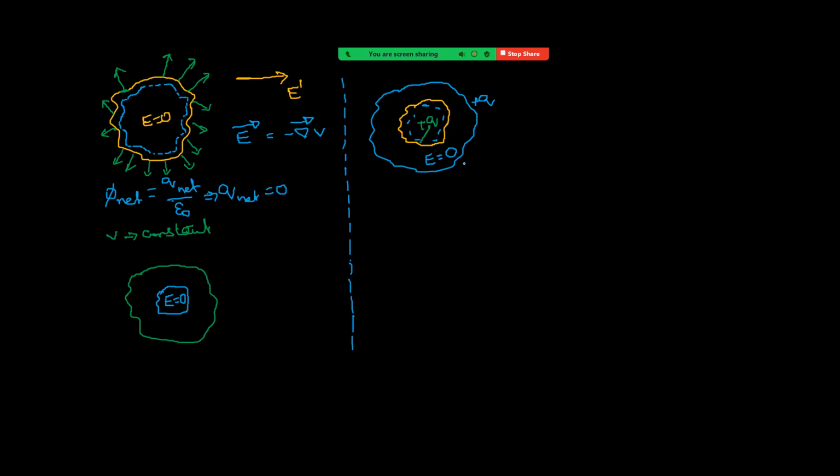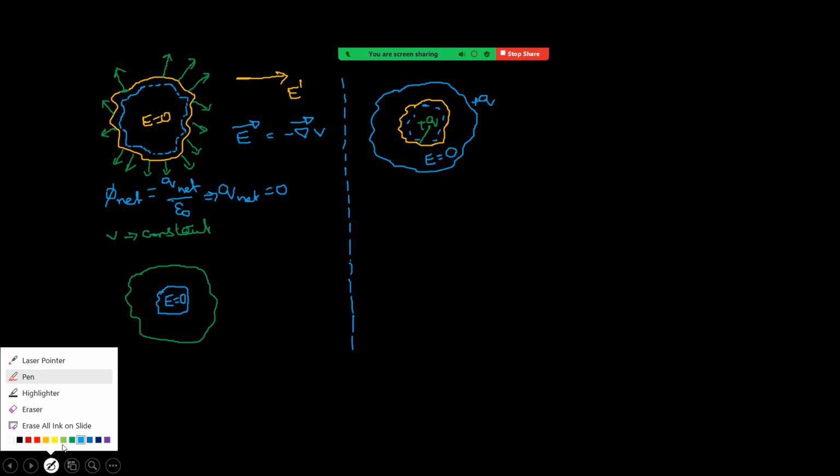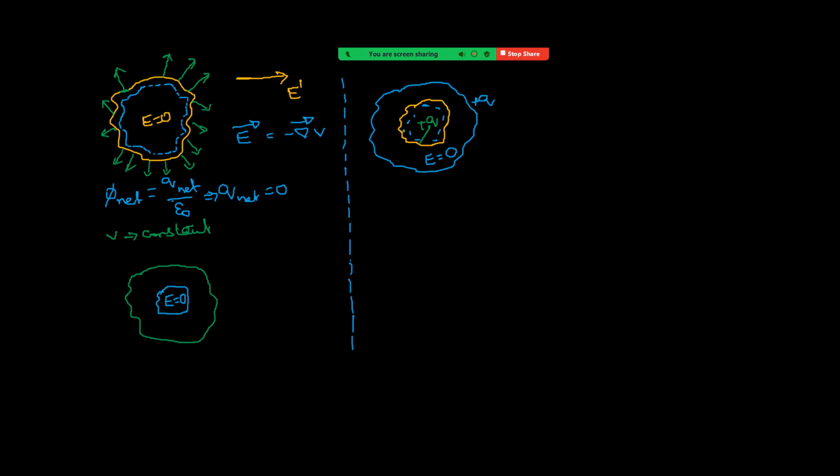And here we can give one more conclusion. See carefully. Let us consider a Gaussian surface just outside the cavity. The green lines indicate the Gaussian surface just outside the cavity. Since the Gaussian surface is in the conductor, electric field is zero, that means flux is zero.